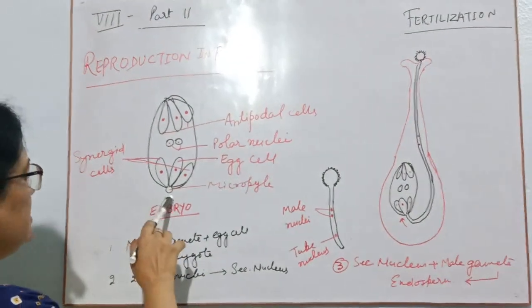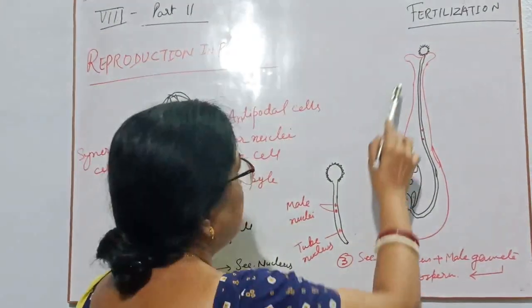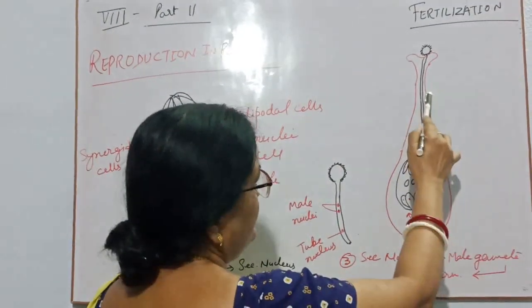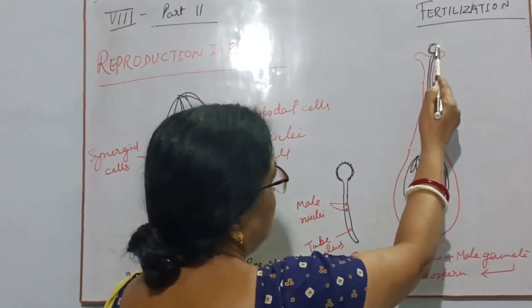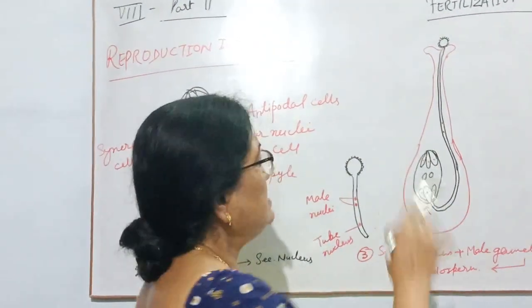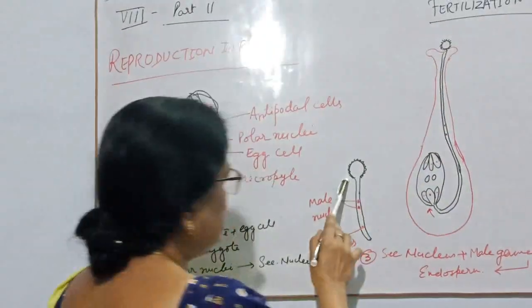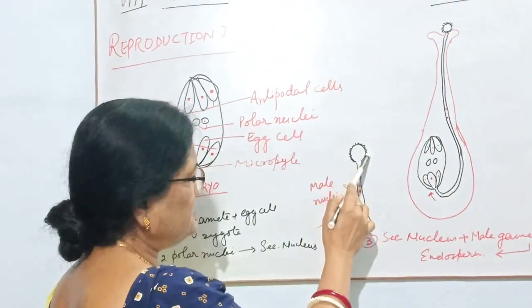Now, how does fertilization take place? Children, come here. This is the ovary. Above the stigma there is one pollen grain I have shown here. This is the structure of a pollen grain. It has a rough surface.